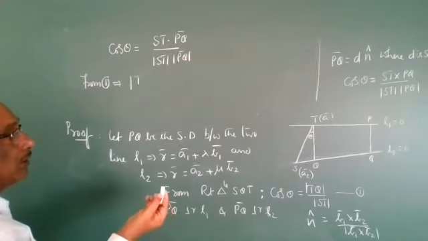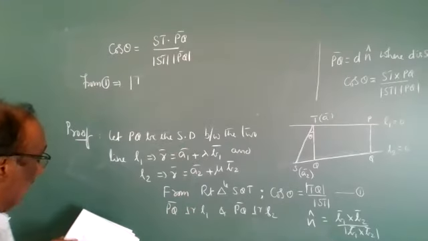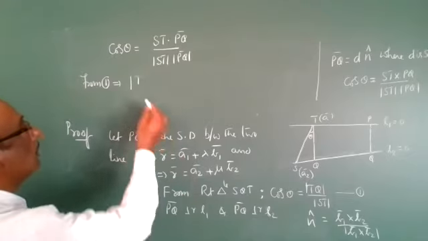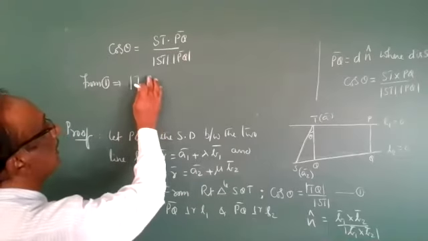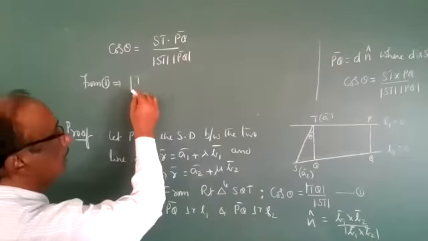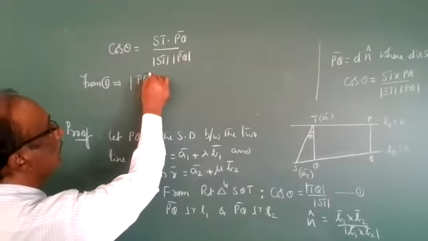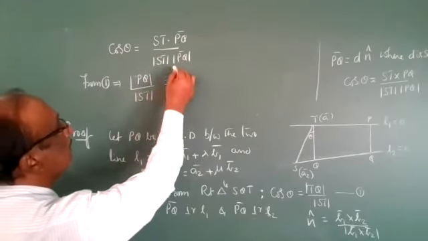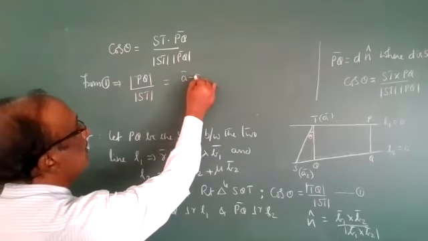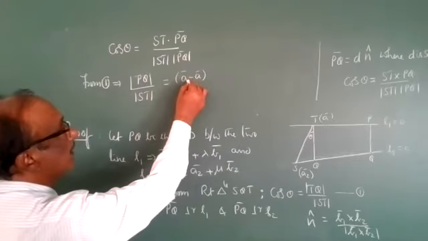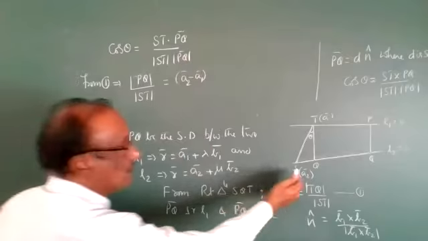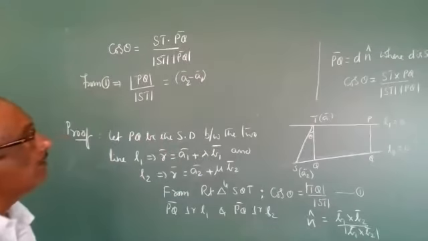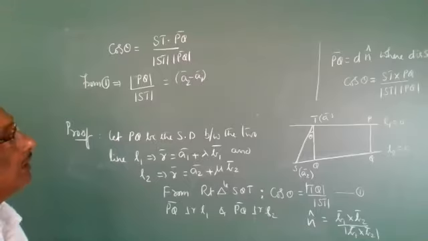So TQ should be written as modulus of PQ by modulus of ST. ST is A2 minus A1, or A1 minus A2, anyone can write.